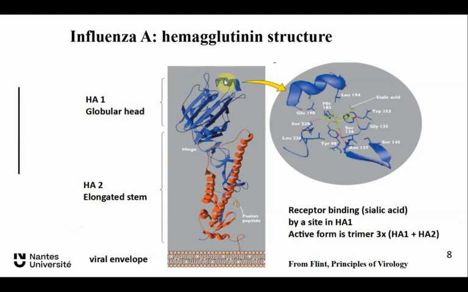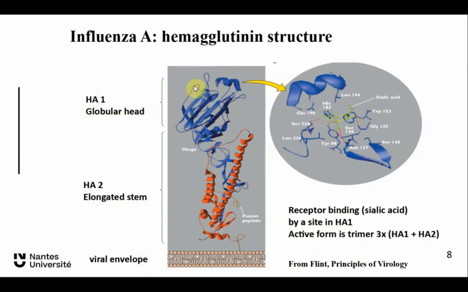So the N terminus is outside. Is that type 1? Okay, so the N terminus is up here and the C terminus is down there. And there's a transmembrane region in HA2 which anchors the whole thing in the viral envelope.